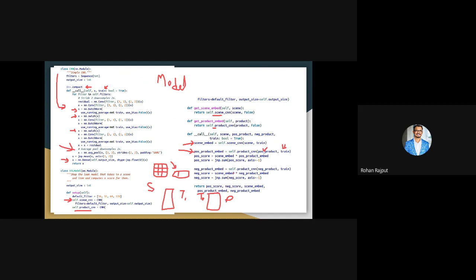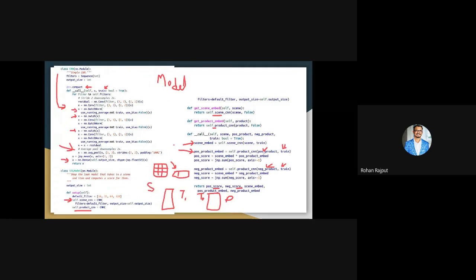And as I said, we are just using random sample data to generate our negative training embeddings, the negative product embedding. So these are just randomly sampled images for a particular scene. Once we have all this information, we can return the positive score, negative score, and all the different embeddings.